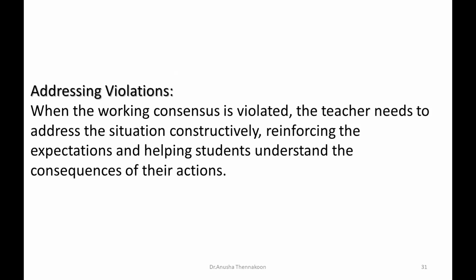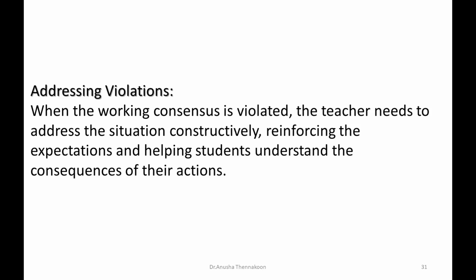Addressing violations. When the working consensus is violated, the teacher needs to address the situation constructively. By this time you have an idea about working consensus.